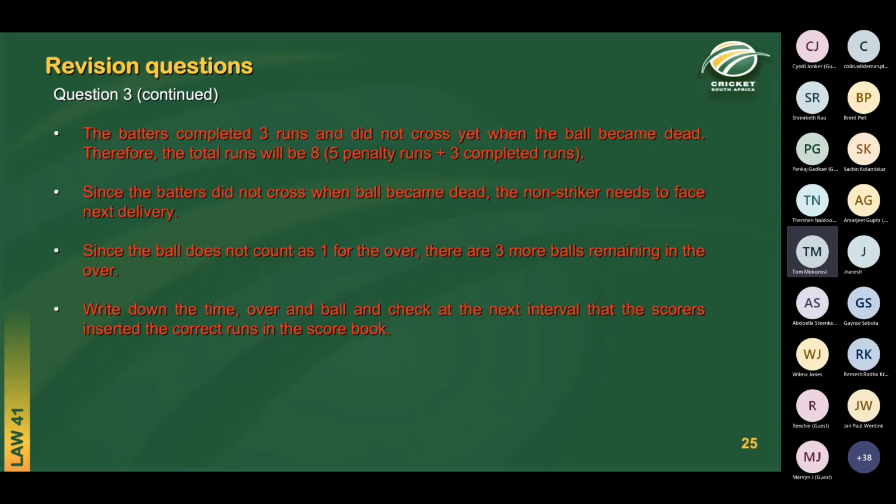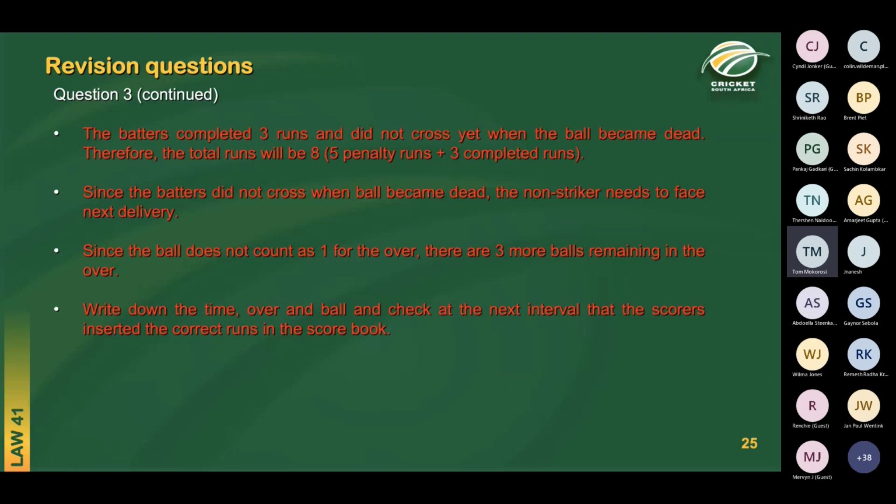One thing that we didn't mention is that since the batters did not cross when the ball became dead, the non-striker needs to face the next delivery. Because they completed 3 runs, the non-striker will be facing the next delivery. There are 3 more balls remaining in the over.